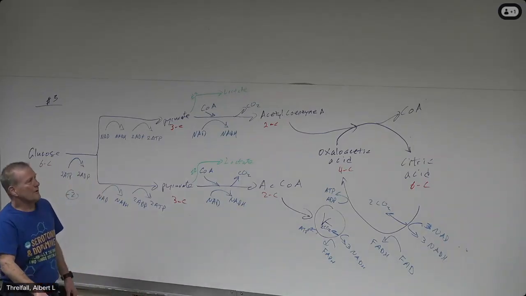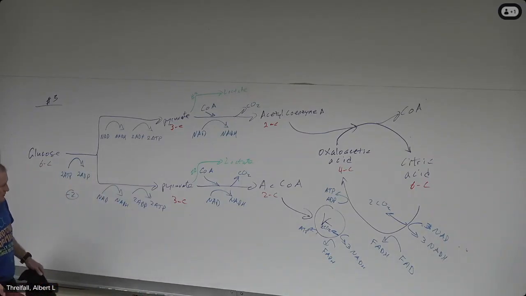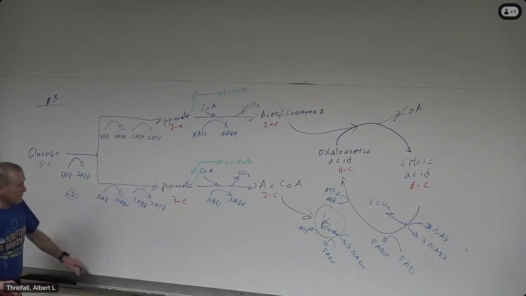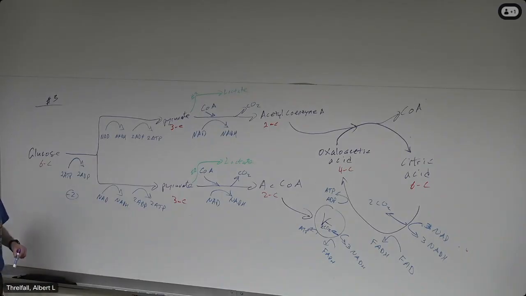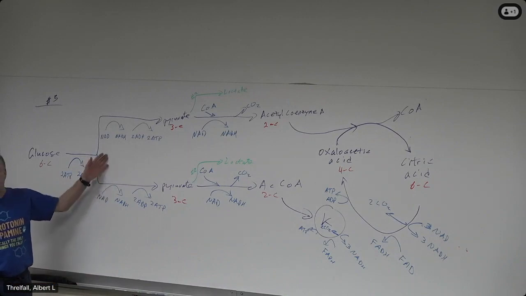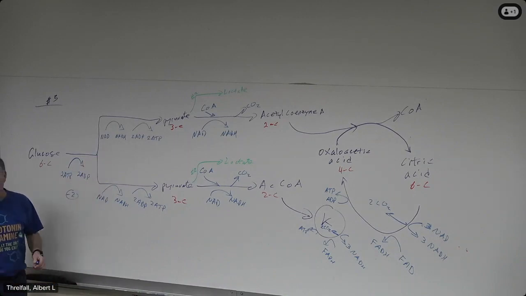Now, when we were in energy system number 2, and we went through glycolysis, talking about how much ATP do we get, we lost 2 right here. We were energizing glucose, and I said this is worthless. This was worthless because energy system number 2 is the anaerobic system.